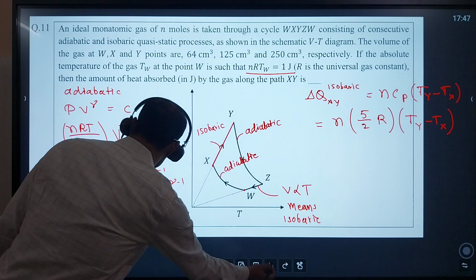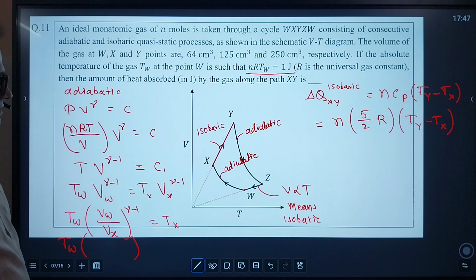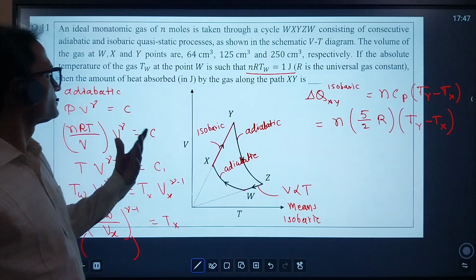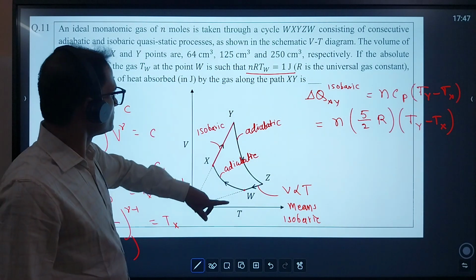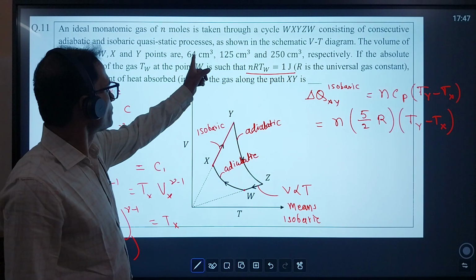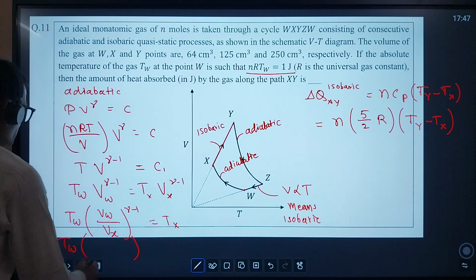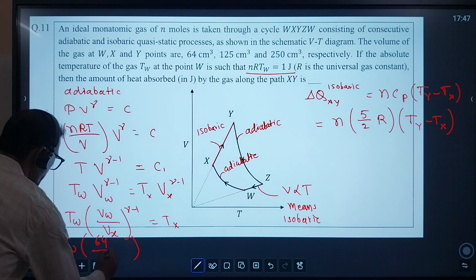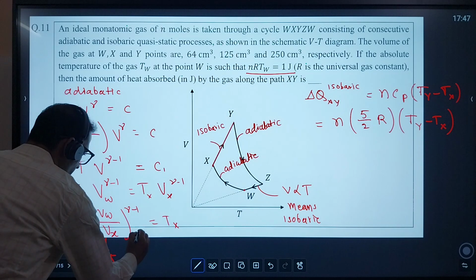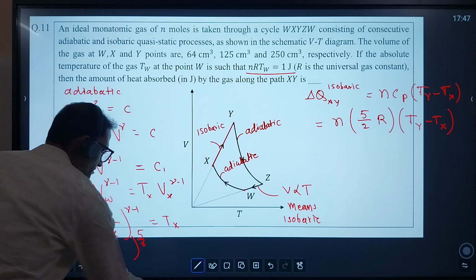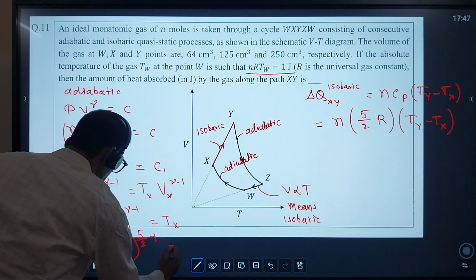Vw by Vx can be easily found. It is given: Vw is 64 and Vx is 125. So it is 64 by 125, and the power here is 5 by 2 minus 1, because gamma value is 5 by 2, is equal to Tx.